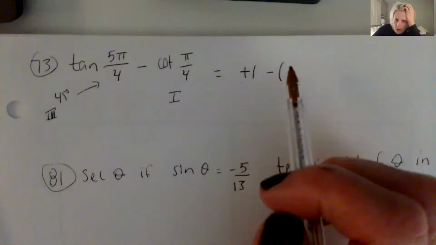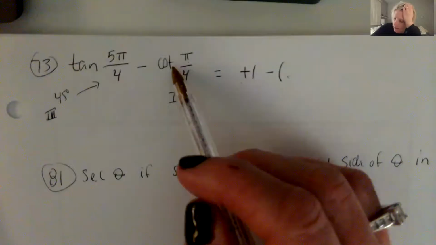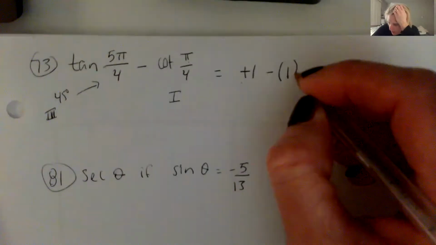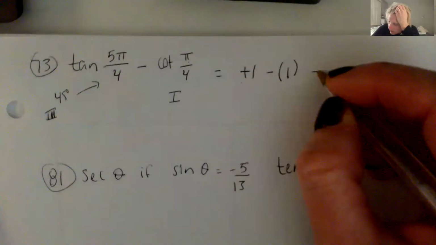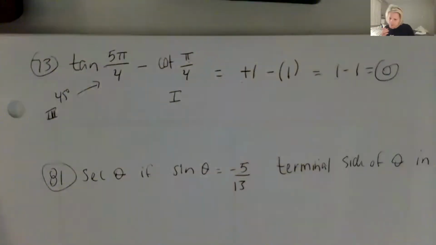And then subtracting cotangent at pi/4, they're both positive in the first quadrant, so that's going to be a +1. So we have 1 minus 1 is 0. There we go.